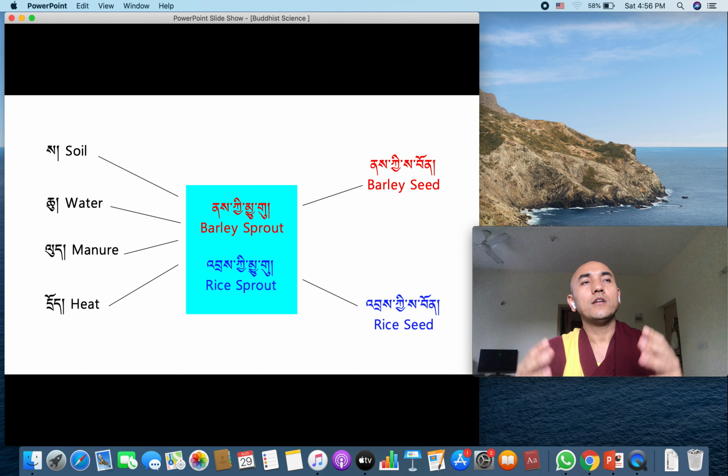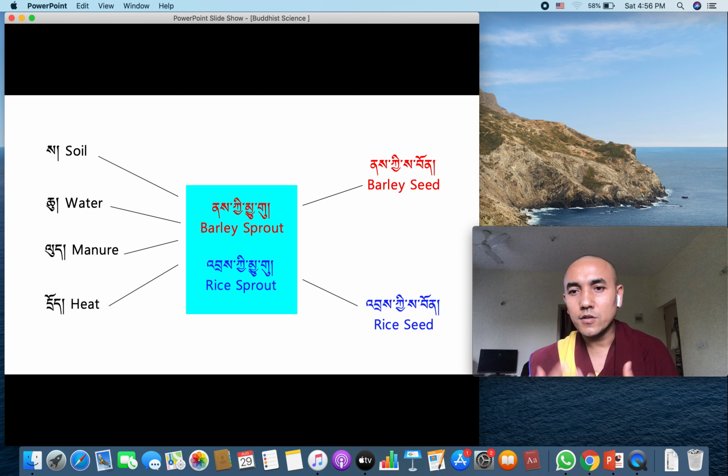Then it really helps us to find the solutions, and then we will definitely remove our own problem. So the study on the topic of cause and effect is very helpful to us.